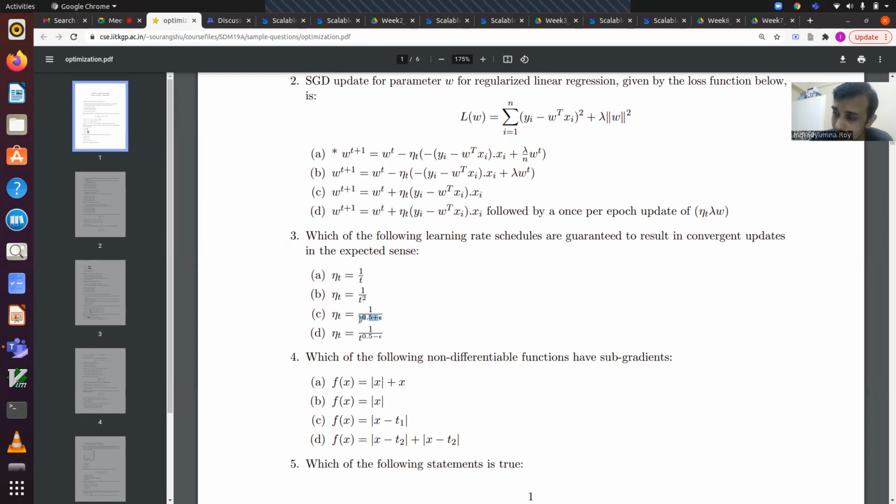So 1 by E. I'm making a note of this. I'll update this question in the chat. I don't want to answer without being sure of the answer. So I'm making note of two questions, this question and the other third week's one. These two I will update the answer soon.